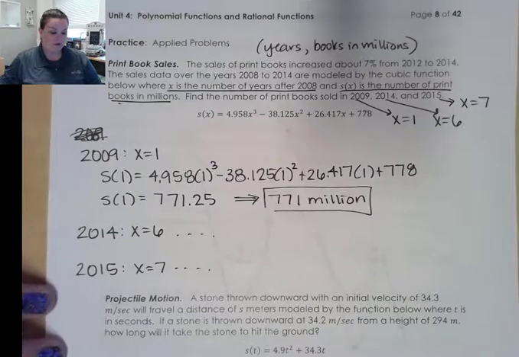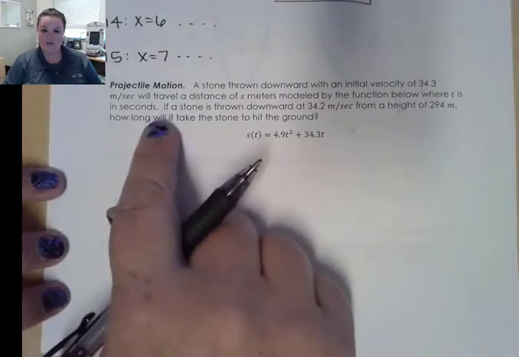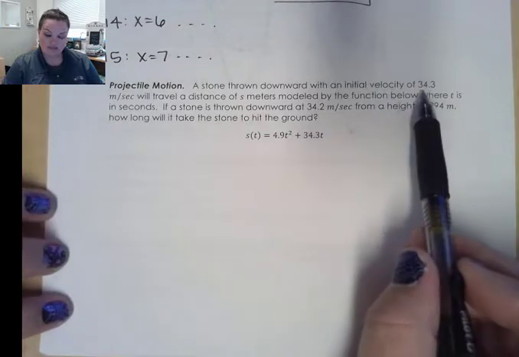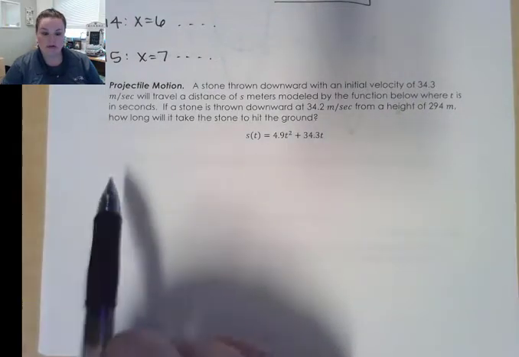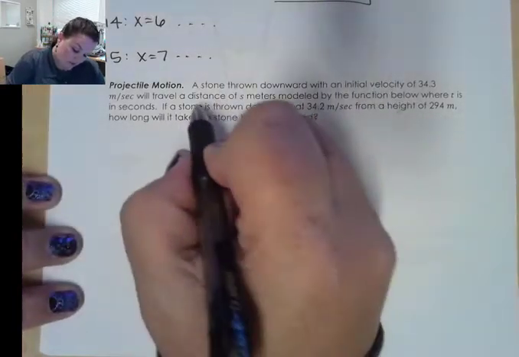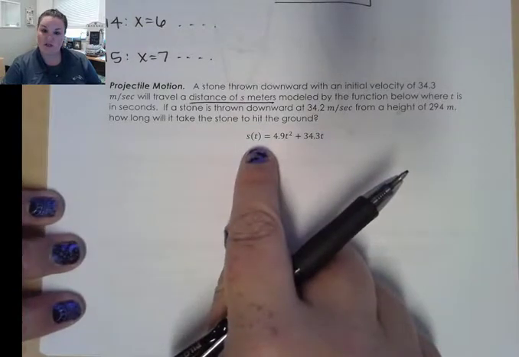Okay, instead, I want to show you this last problem, which is projectile motion. This says a stone is thrown downward with an initial velocity of 34.3 meters per second, will travel a distance of s meters. A distance of s meters is what this function's talking about.